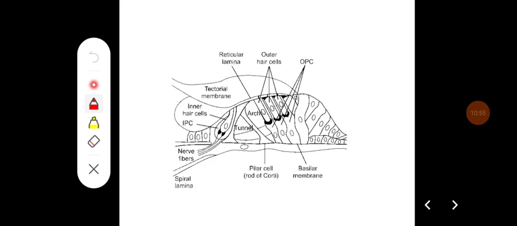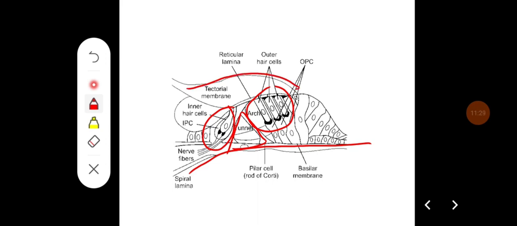So this is the structure of the organ of Corti, which is based on the basilar membrane. It has a tunnel, medial to which we have the inner hair cells and lateral to which we have the outer hair cells. Inner hair cells are less numerous compared to the outer hair cells, and the tips of the hair cells are embedded in the tectorial membrane, mainly those of the outer hair cells.